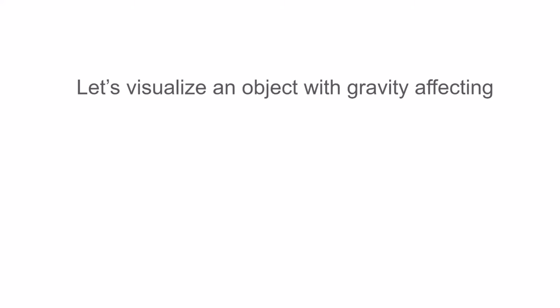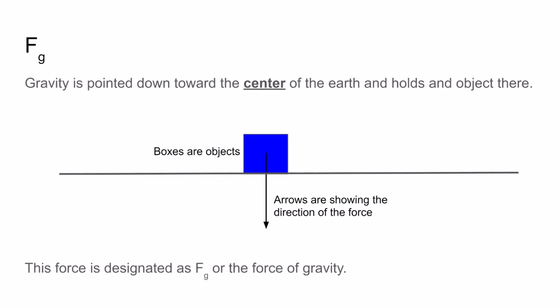All right. So let's visualize an object with gravity affecting it. So this is how we use F of G and how it looks as a free body diagram when there is gravity acting on an object. As you can see, we have our box as an object, and we have an arrow pointing downward.